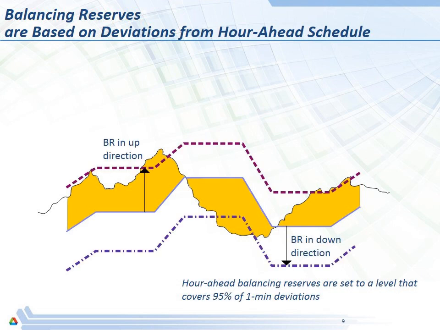Based on that, we're able to set a balancing reserve rule that's held in the hour ahead scheduling process by essentially trying to capture 95% of these deviations that we saw. We did that using 1 year of data, but then we apply that same balancing reserve rule to a separate year of data. I'll illustrate that here.